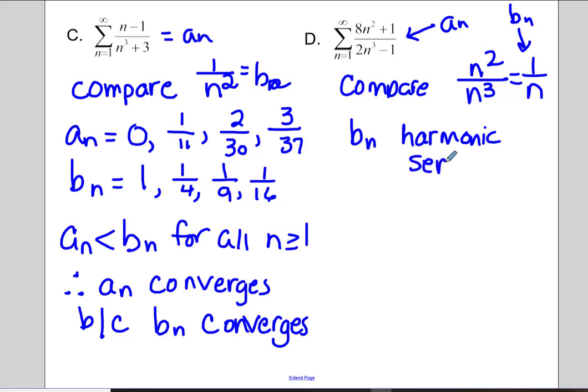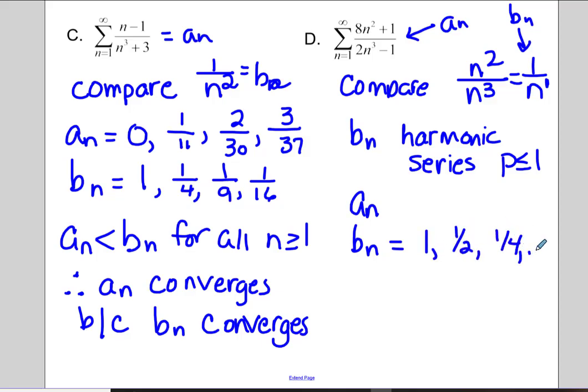And we saw that the series diverges when p was less than or equal to 1, and in this case it's equal to 1. If we compare our a sub n terms to our b sub n terms, we know that the b sub n terms are 1 and 1/2 and 1/4 and so forth. And our a sub n terms would be 8 over 1, and, doing a little math here, 33 over 15. And then when n is 3, that's 9 times 8, that's 72, and 1 is 77 over 53, I believe.